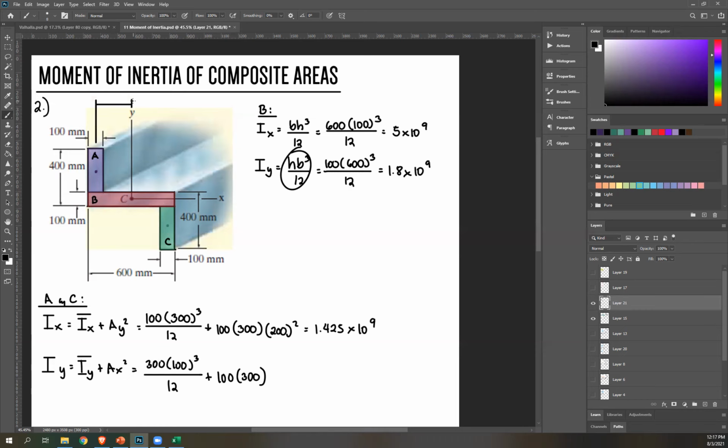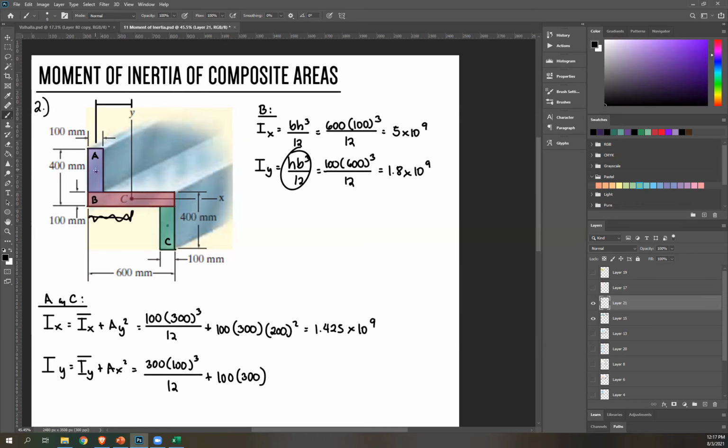So to get that, consider that from this edge to the centroid of your axis, or at the intersection of your axis, that's half the length of your block P, right? So this is 600, so half of that is 300.